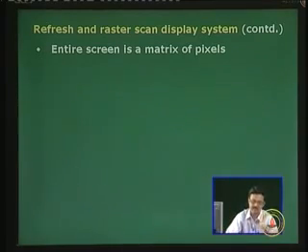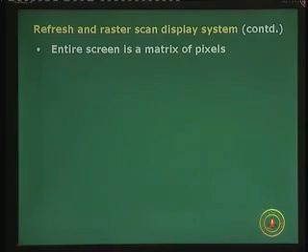The screen you see in a modern television, computer monitor, or even LCD panel essentially consists of an array. In mathematical algebra, it is an array or a matrix of pixels, and the entire screen is uniform, instead of having a uniform coating as in the case of a DVST or even the random scan which used to draw lines.